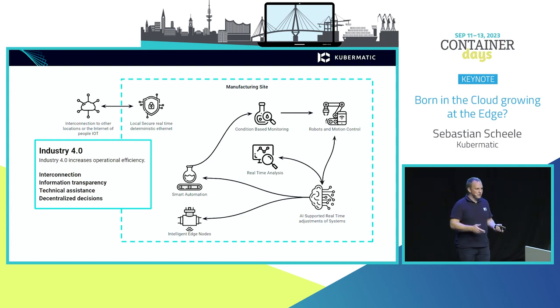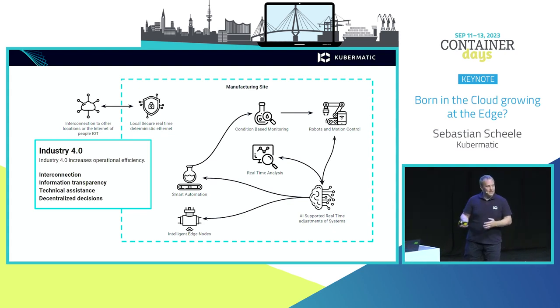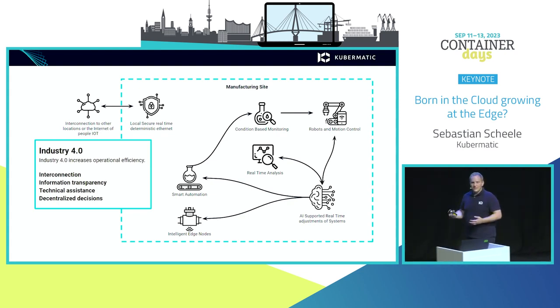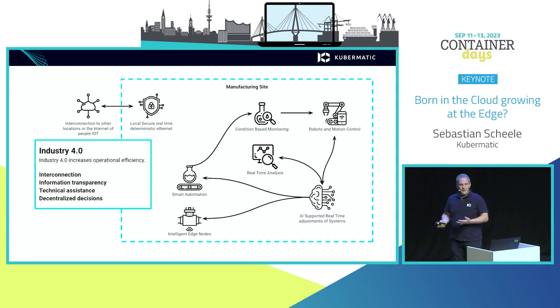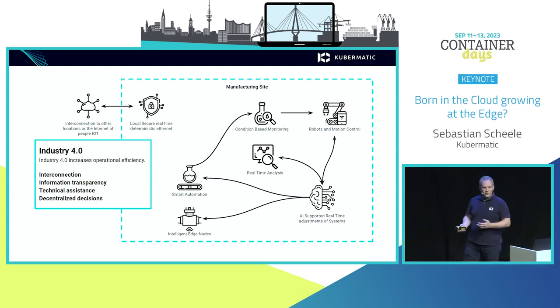If you look into the news, last week or the week before, one of the big automotive producers needed to stop multiple factories because they had problems with their systems. In the end, it turned out some of their servers went down because they hadn't planned enough capacity for their backups. So in this case, the edge runs even mission-critical applications.